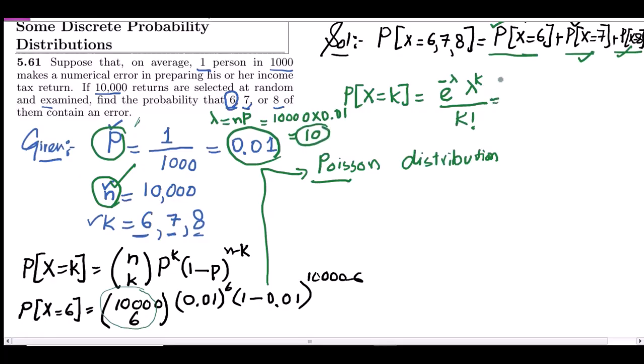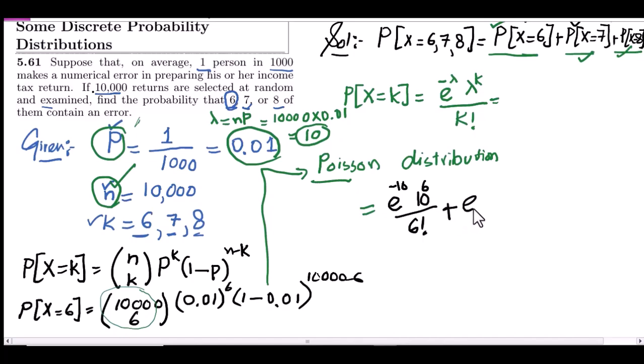So putting the value of lambda here and solving it: for x equal to k, or for x equal to 6, it will be exponential of minus 10, 10 raised to 6, divided by 6 factorial, for k equal to 6.